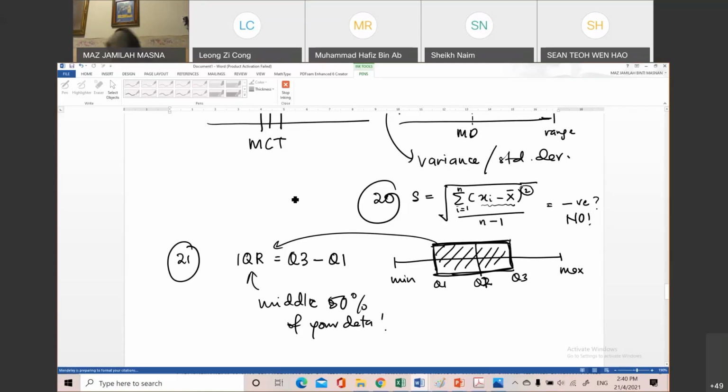Now, number 22. For a given box plot, how do you interpret the median, second quartile, first and third quartile?